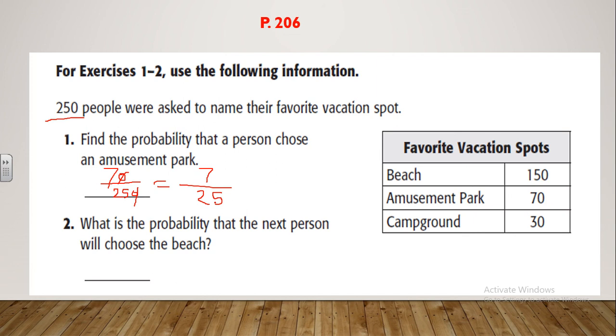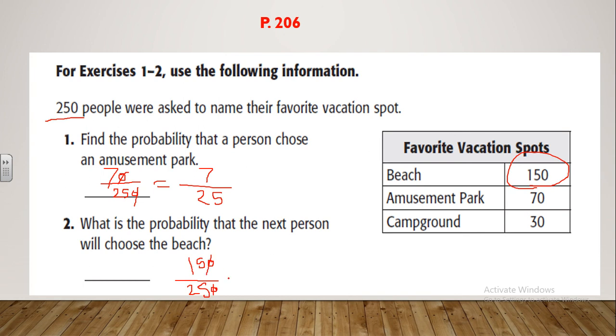Okay, welcome back. So here he asks about the beach. So we will make a fraction. How many students prefer it? 150. So we will write 150 over the total, and that's 250, right? First of all, we can cancel the zeros together and we will get 15 over 25.